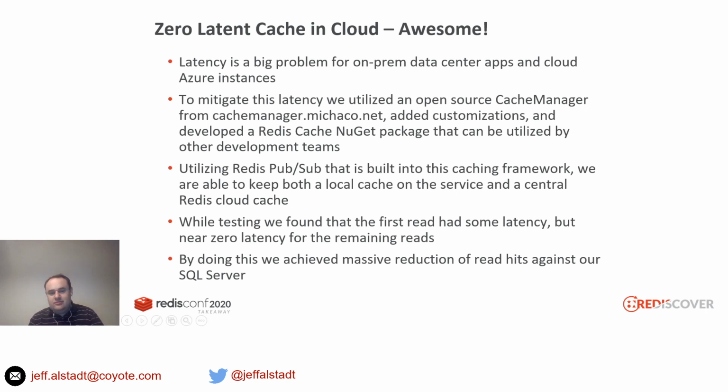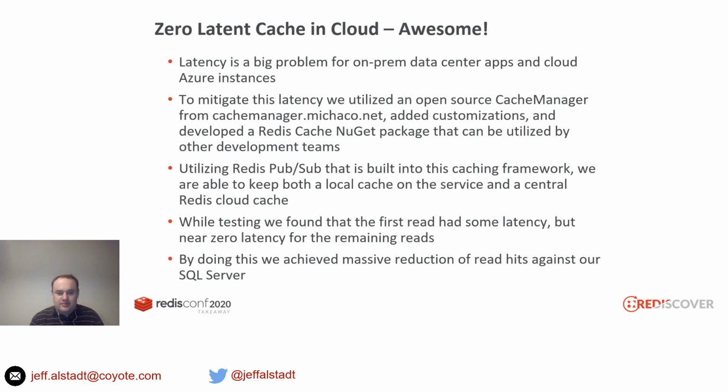So to mitigate this, we looked at some different things and tried to figure out what we could do. We found this open source cache manager from cachemanager.mikawa.net. We've added customizations to it and then developed a Redis cache NuGet package that could be utilized by other development teams. We did a lot of testing on this NuGet package to ensure its stability and overall scalability.